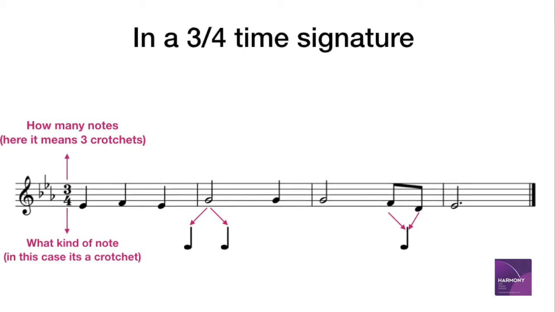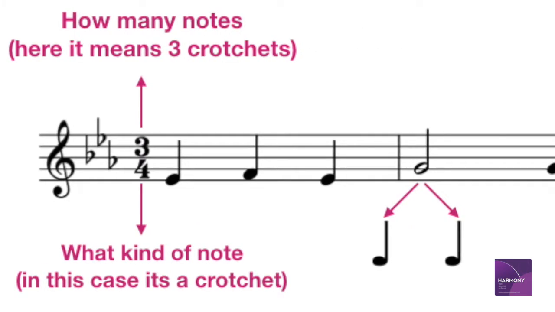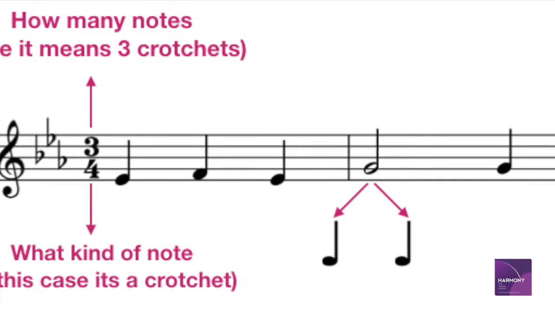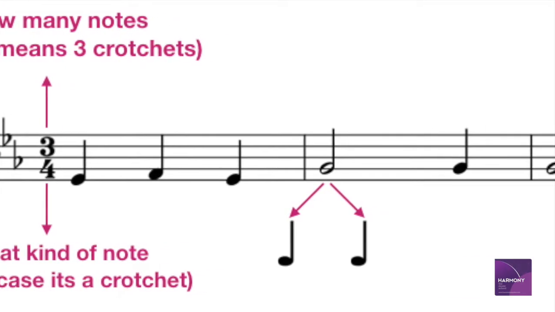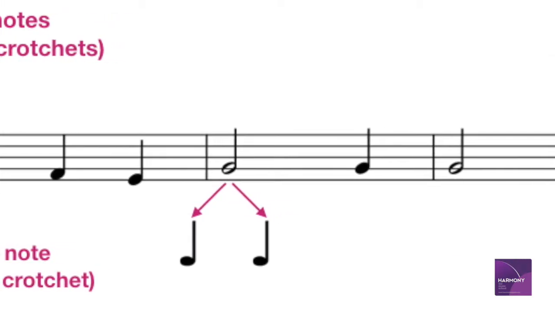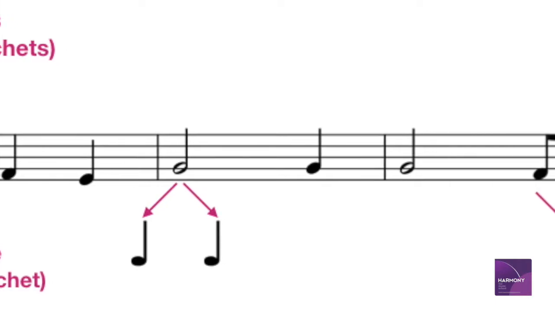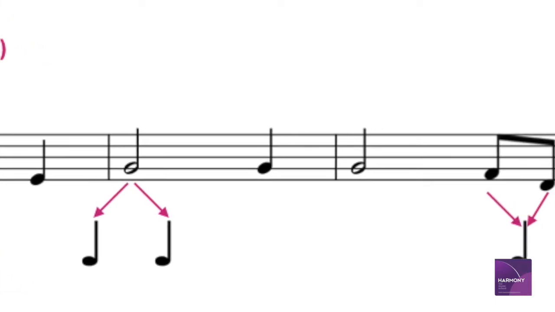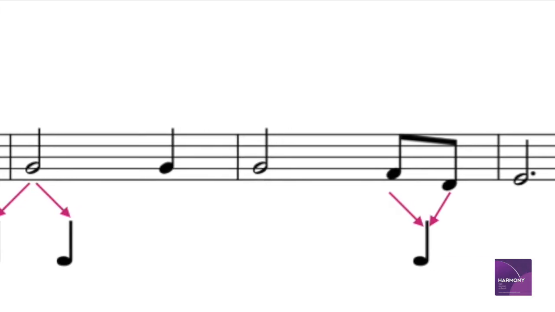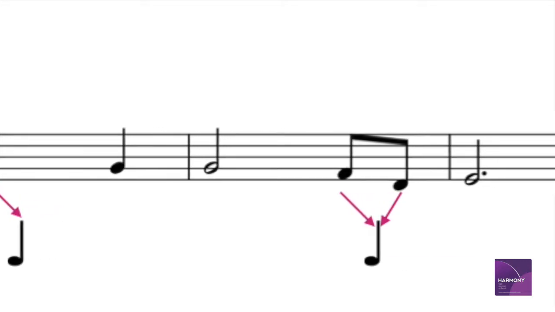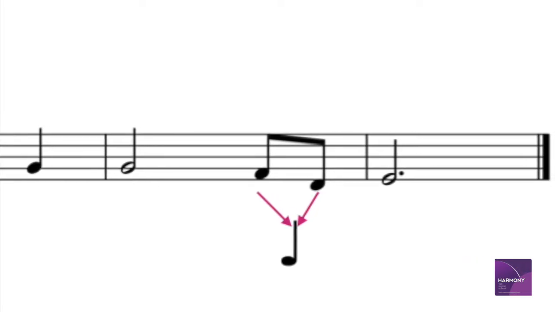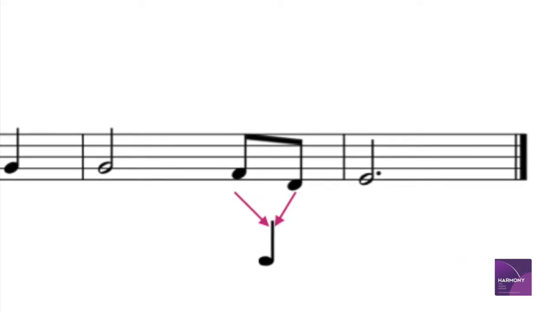So I can have the 3 crotchets like we just discussed, or I can have 1 minim or a half note, which is actually equal to 2 crotchets, and 1 crotchet, or I can have 1 minim and 2 quavers or eighth notes. It really depends what kind of note values I use, but everything has to add up to 3 crotchets in each measure.